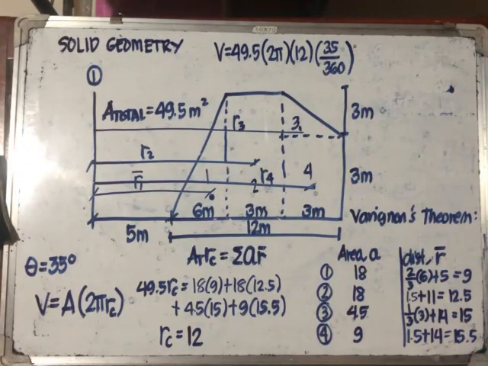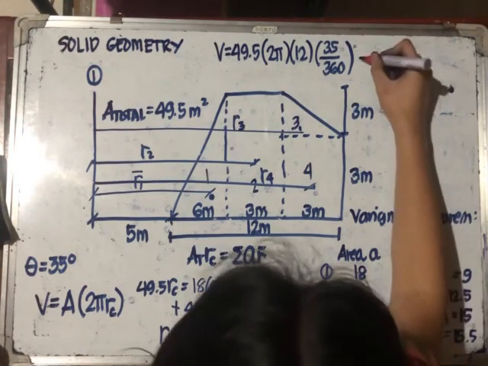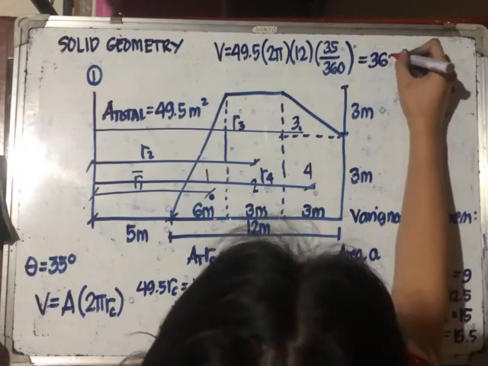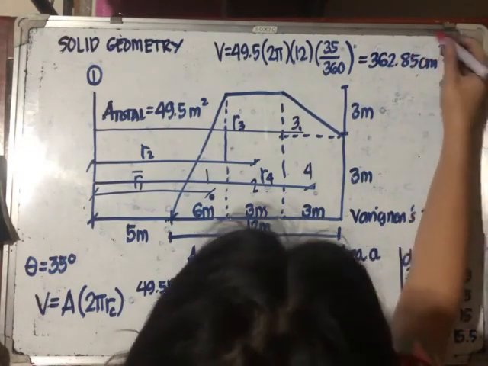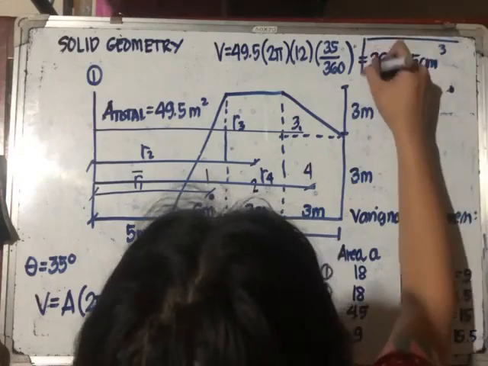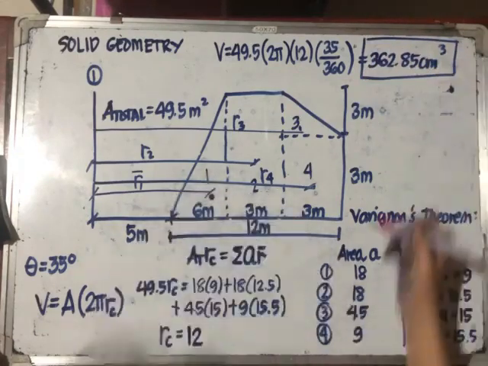Right? So, 49.5 times 2 pi times 12 times 35/360, that is 362.85 cubic centimeter. So, ito daw yung volume ng ating solid of revolution.